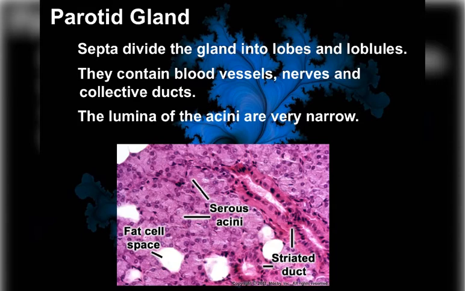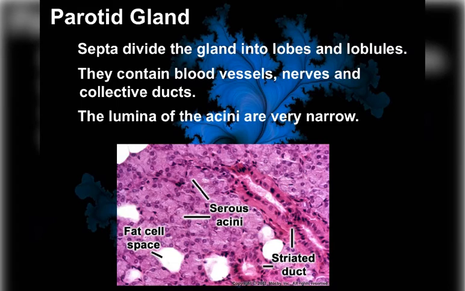Septa divide the gland into lobes, and then lobes are further divided into lobules. The septa contain blood vessels, nerve, and collecting ducts, and you can call them excretory ducts as well.